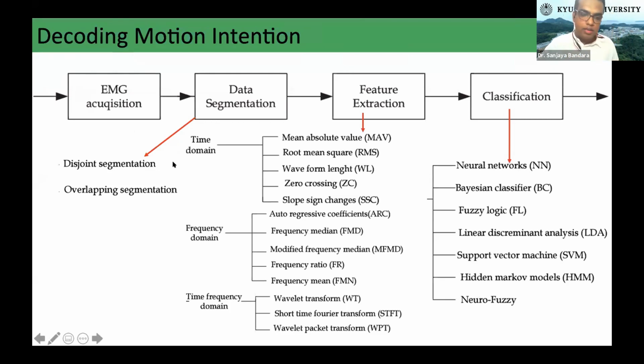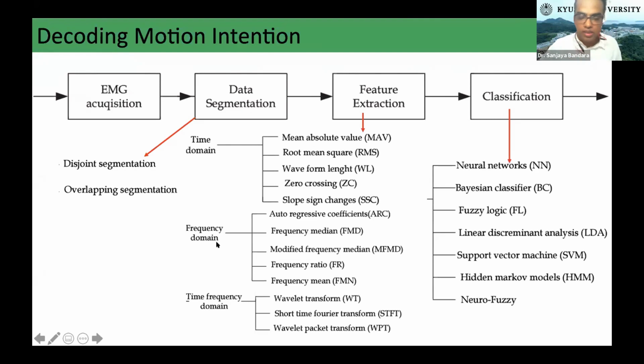The next step will be feature extraction. We have three types of features, mainly time domain, frequency domain, and time-frequency domain. In the time domain features, we are interested in the time series data contained inside the EMG signal.